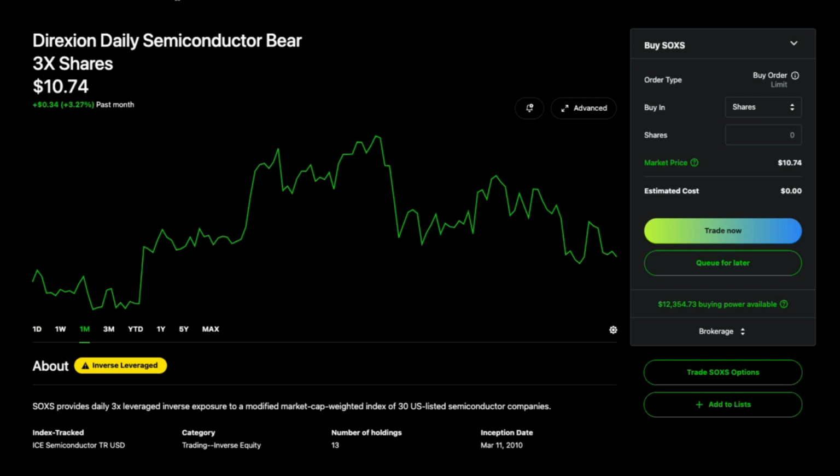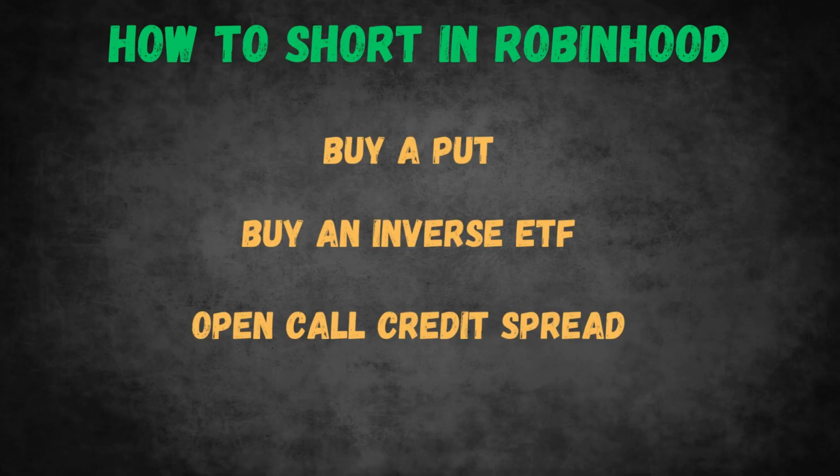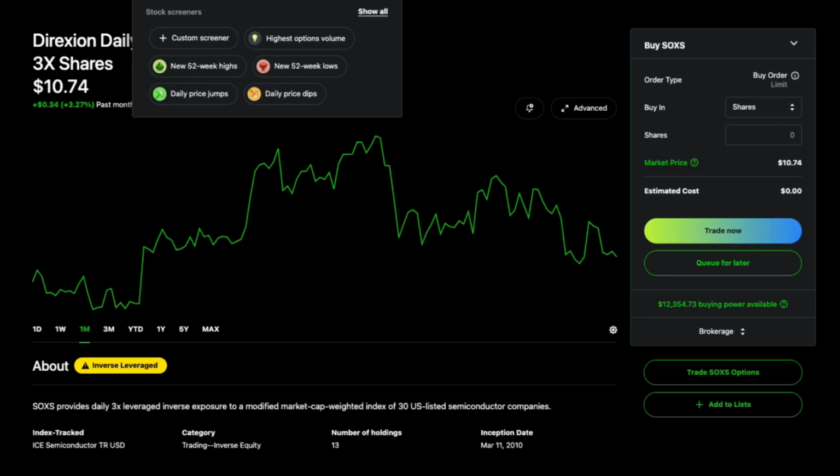Okay, now moving on to the last one. This last one is actually a spread strategy that I'm not going to go into detail on here, because I already have a video. I'll link that somewhere on your screen, or I'll put a link in the description as well. I'm just taking the example of AMD again. It's a call credit spread that you can do.